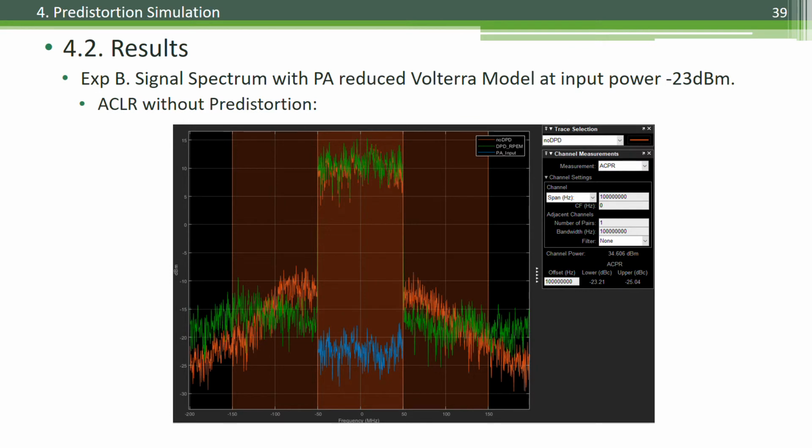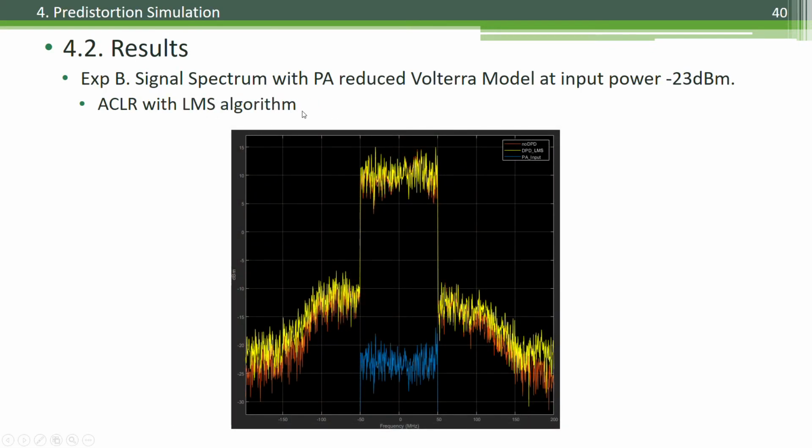And in experiment B, signal spectrum with the PA reduced Volterra model at input power minus 23 dBm. The ACLR without predistortion is about minus 23.2 dBc. With the least mean square algorithm, this algorithm does not improve the spectrum regrowth, as you can see here.